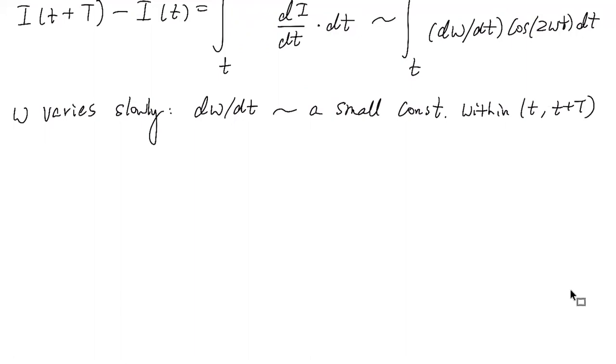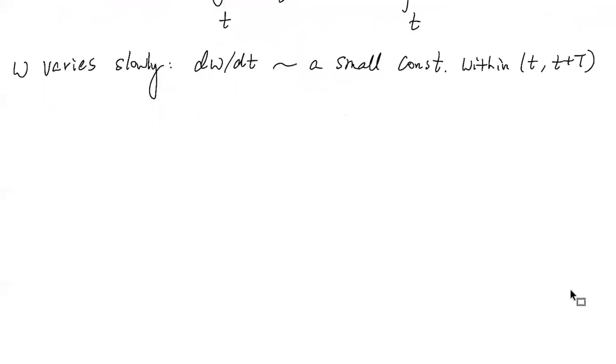Within this small interval, since we approximate d omega/dt as a constant, you can pull d omega/dt out in front of the integral sign.